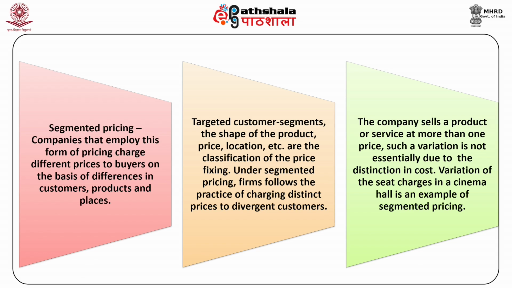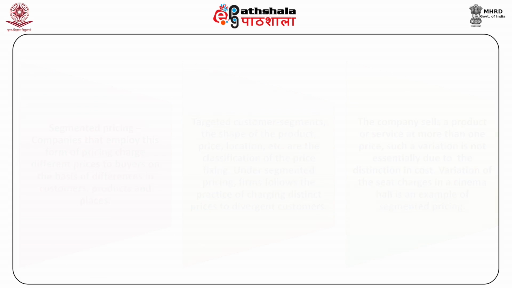Under segmented pricing, firms allow the practice of charging distinct prices from divergent customers. The company sells a product or a service at a higher or lower price, and such variations are not essentially due to the distinctions in cost. Variations of the seat charges in a cinema hall is a typical example.